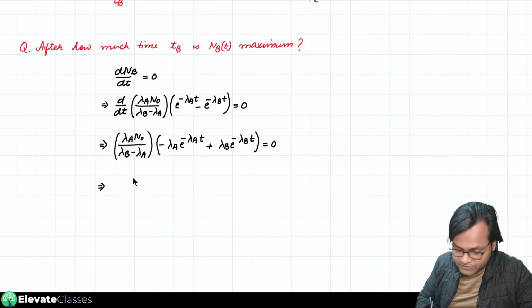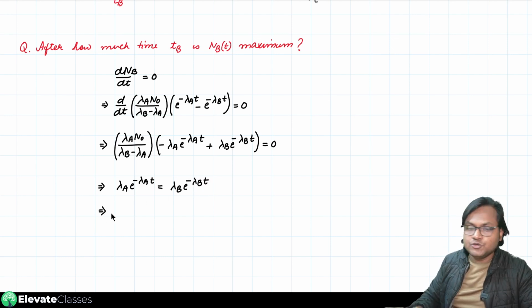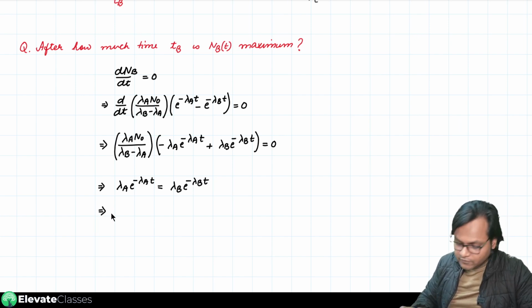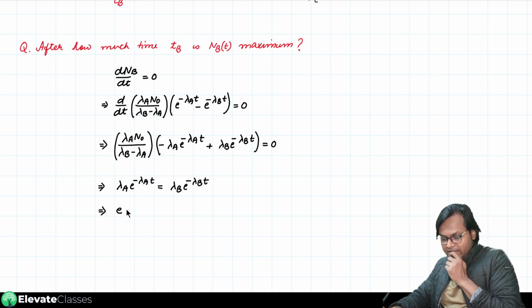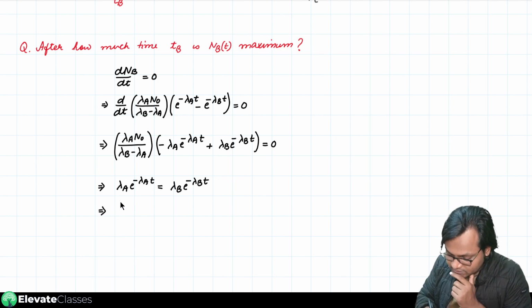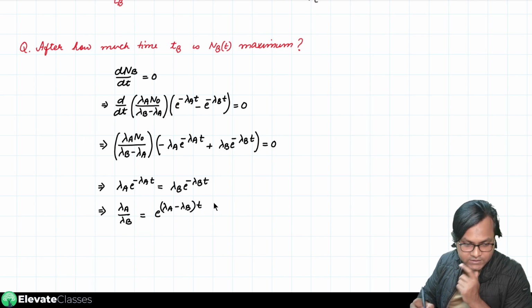So that simply becomes lambda A e to the power minus lambda A T equal to lambda B e to the power minus lambda B T. Now, if I take one of the exponentials to the other side, into the denominator, then this is going to become lambda A upon lambda B equal to e to the power lambda A minus lambda B. Okay, all right. This is what it becomes.